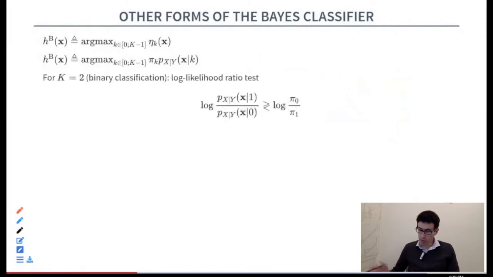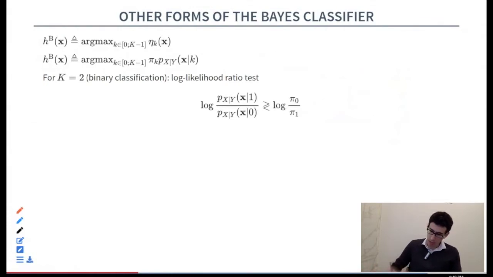Now, the next form that you might have seen is in the special case of binary classification. In the special case of binary classification, since we only have to compare two quantities, we might as well, instead of comparing if one is greater than the other, compare the ratio and see how it compares to 1. And there's actually nothing that prevents you from taking the log of the ratio and comparing it to a different threshold.